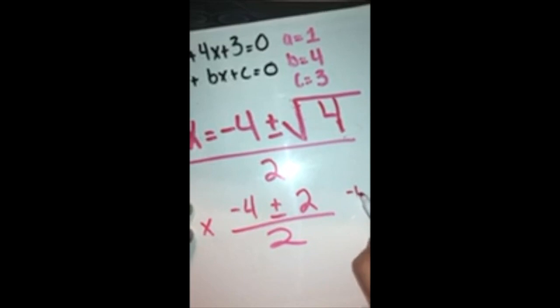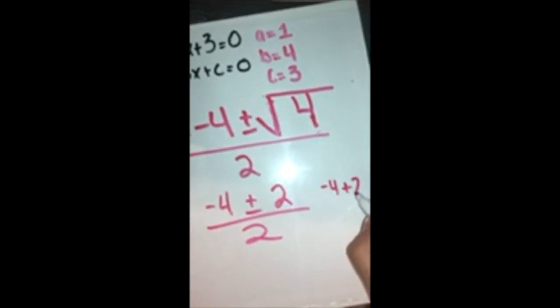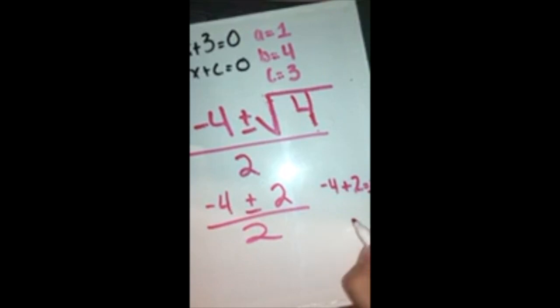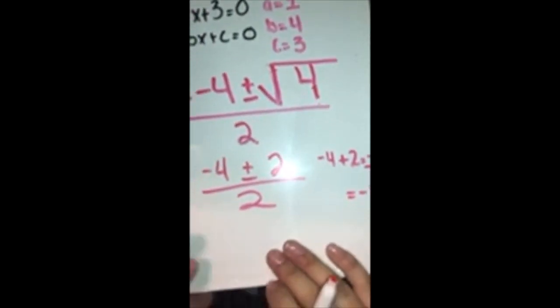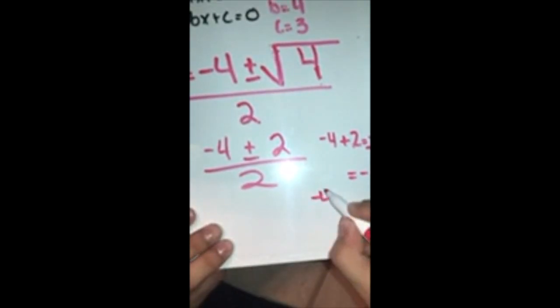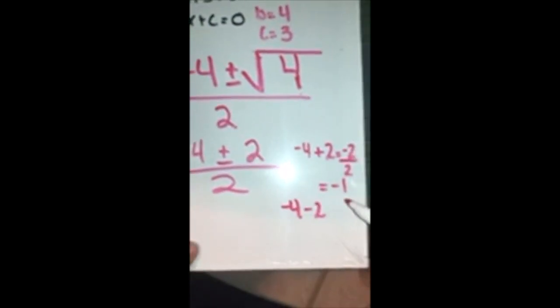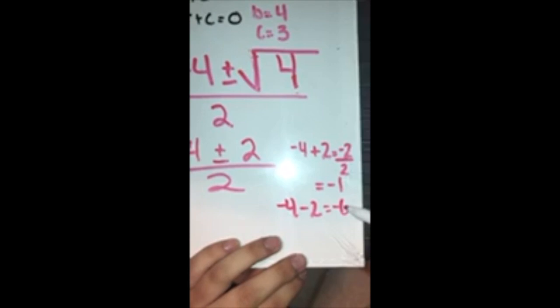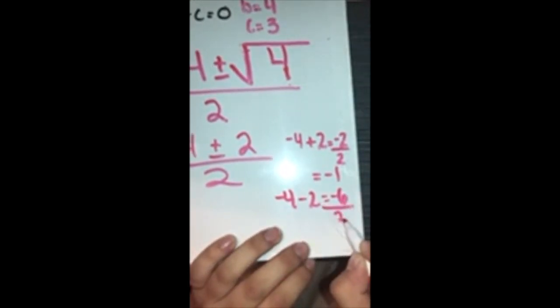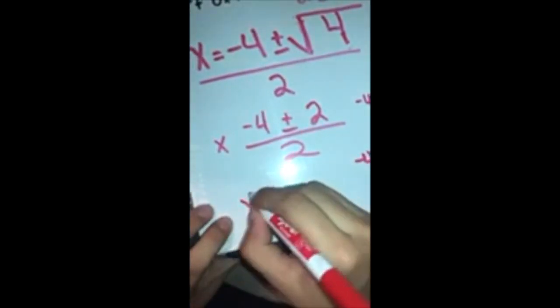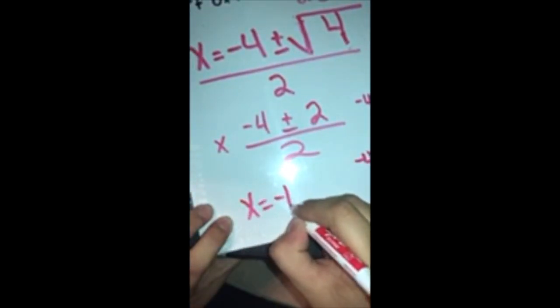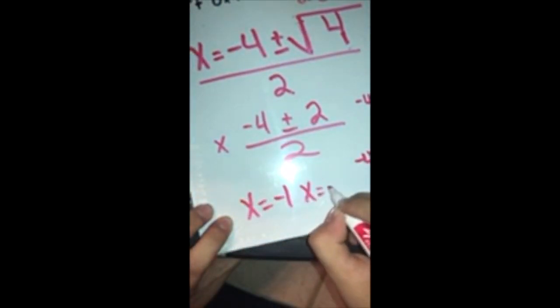So negative 4 plus 2 comes out to negative 2 divided by 2 equals negative 1. As you can see over there. Negative 4 minus 2 equals negative 6 divided by 2 equals negative 3. So your two x's are negative 1 and negative 3.